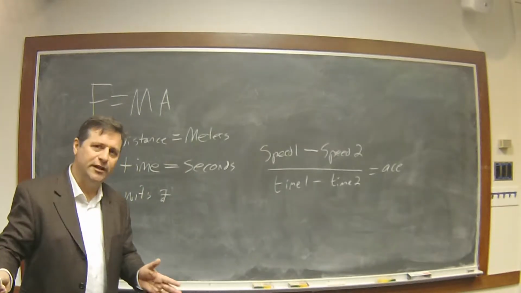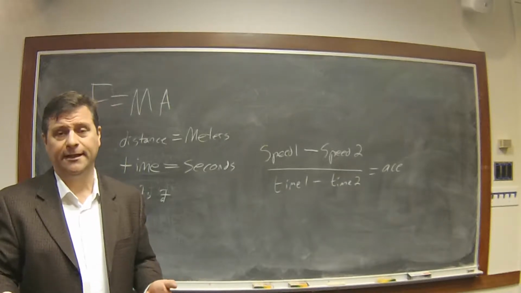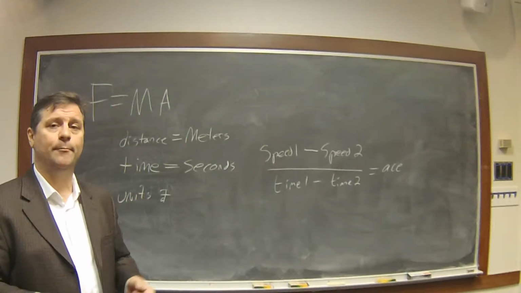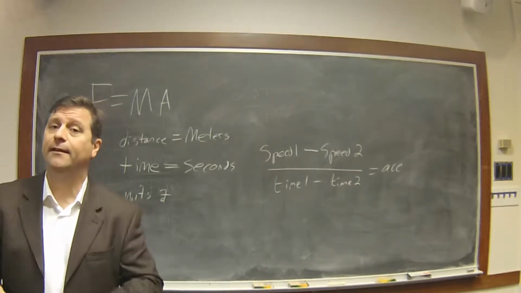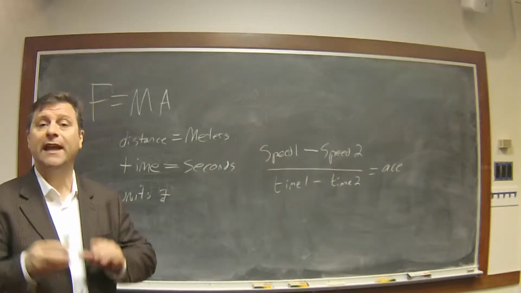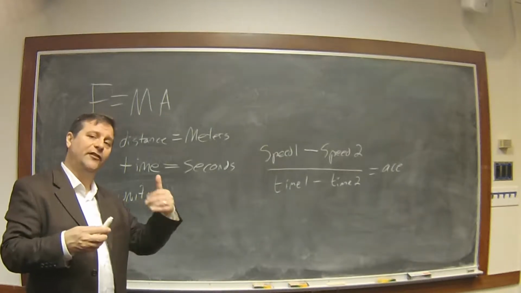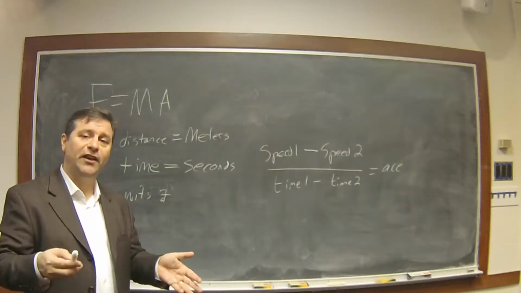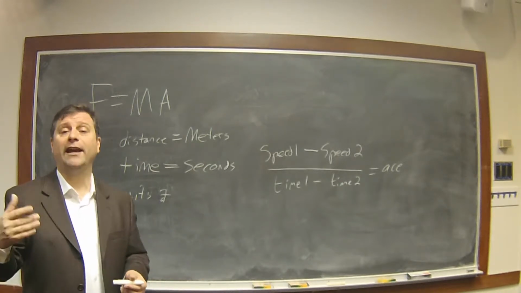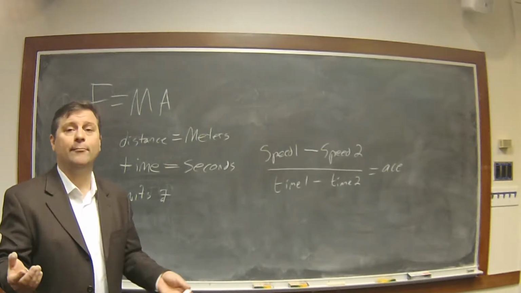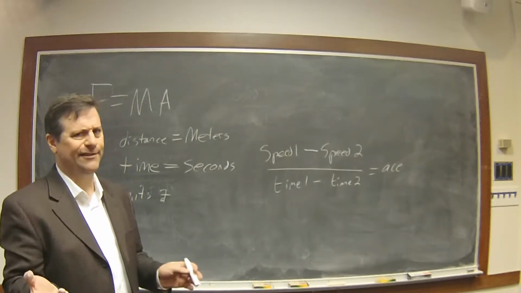When we talk about units, we mean what we're measuring it in. We can measure speeds in meters per second, kilometers per hour, kilometers per second, miles per hour. That's a measurement of speed. And acceleration is speed per second, or miles per hour per second, or meters per second per second. That's a weird unit.